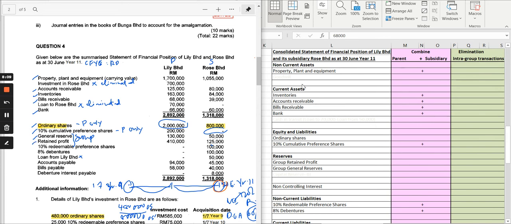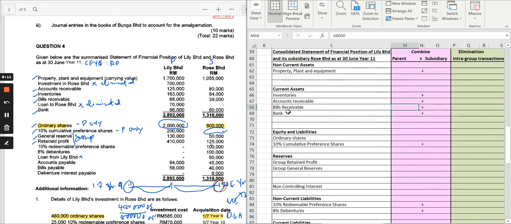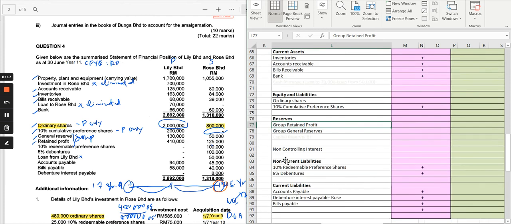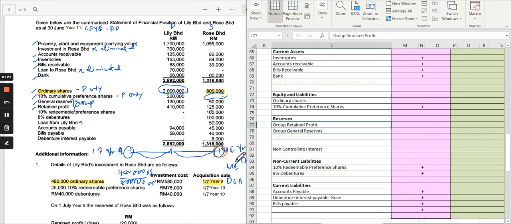So those items that I mentioned, I already put here, so you can check the format that I have prepared, the group general reserve. And then when you acquire 60%, as I mentioned earlier, 40% belongs to the non-controlling interest.